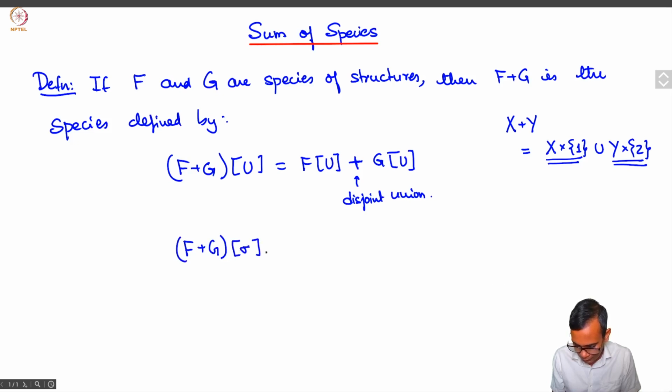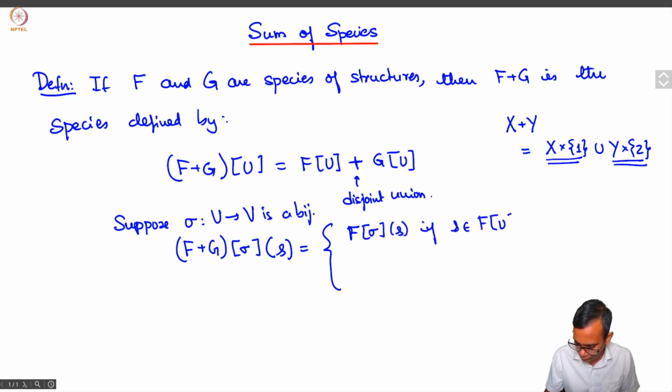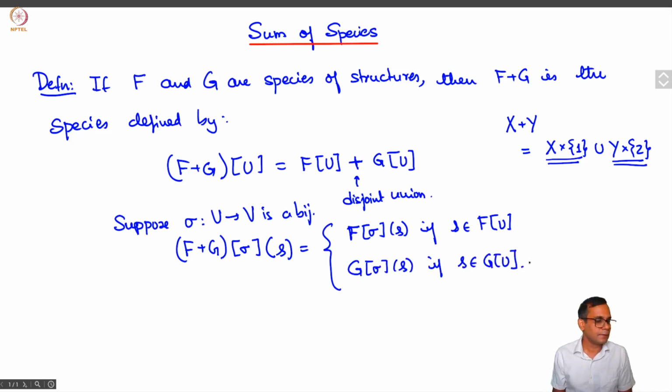F plus g applied to sigma of s is going to be, so now if sigma is a bijection from U to V, then s is in f plus g of U, which means that s is either in f of U, so then this will be f sigma of s if s belongs to f of U, and this will be g sigma of s if s belongs to g of U. That's the transport of structure. It's more or less what you would expect.